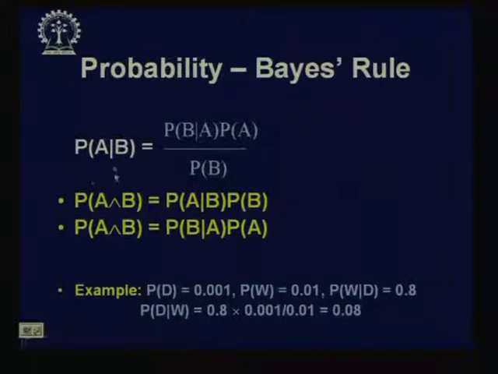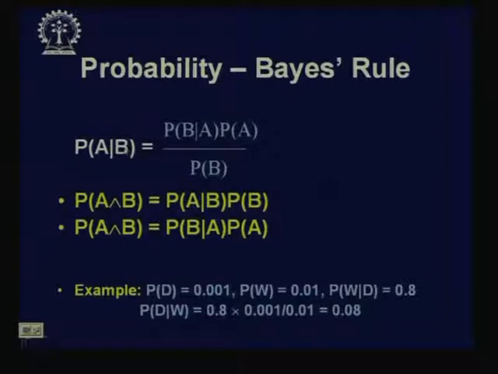As you can see here, I want to know the probability of A given the occurrence of B. So, when I know the probability of occurrence of B, how would I compute the probability of A occurring?